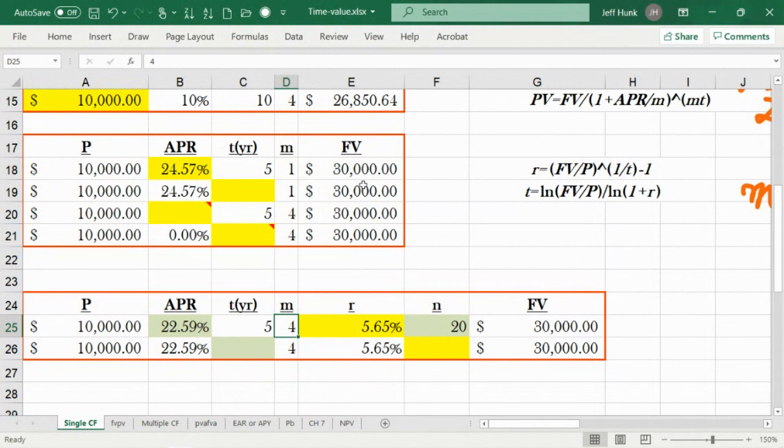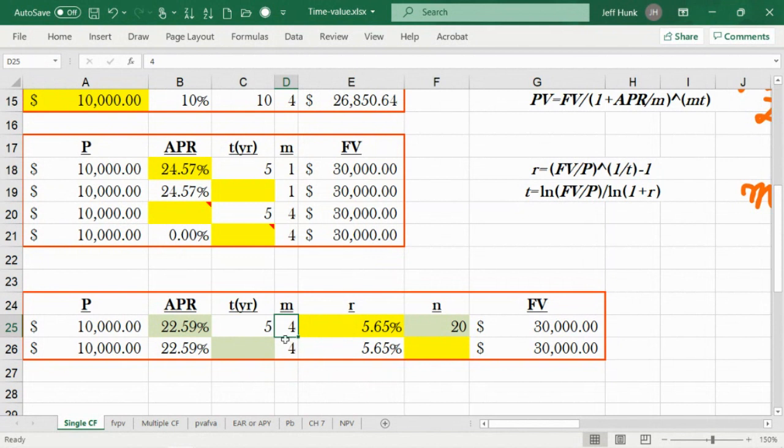I mean, given the same interest rate, same input, same present value, same future value. Given the same input, same principal, same interest rate, same time, if the only difference is the compounding frequency, and the higher the compounding frequency, then the future value will have to be greater, right?